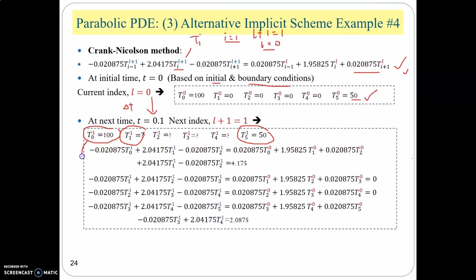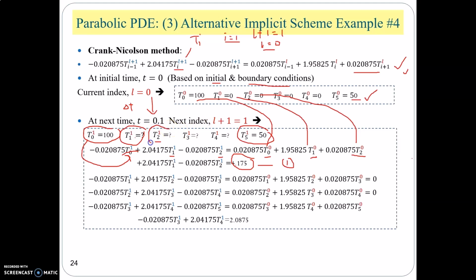Then we can substitute the T01 inside here. T11 unknown remains, T21 unknown remains, T00 substitute 100 here, T10 substitute 0 inside, T20 substitute 0 inside here. And then calculate the constant, you should be able to obtain 4.175. So this is the first equation that you obtain.